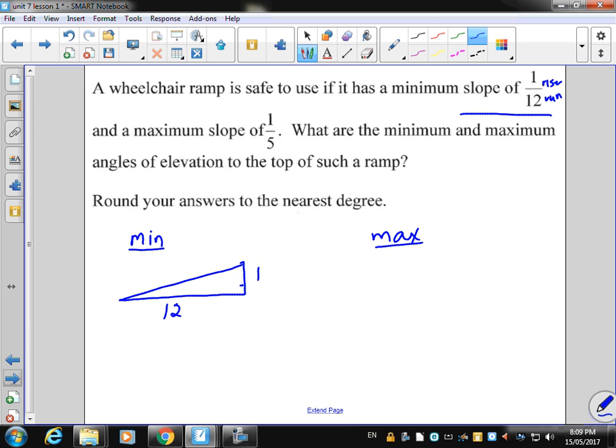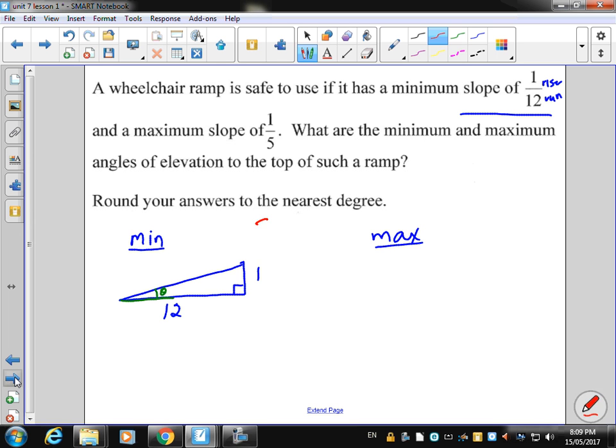Implied, vertical and horizontal, I can assume that that is 90 degrees. I want to know the angle of elevation. So angle of elevation is from the horizontal upwards. So that is the angle I want right there. So I can't use Pythagorean theorem because I don't want to know that other length. I want to know an angle.